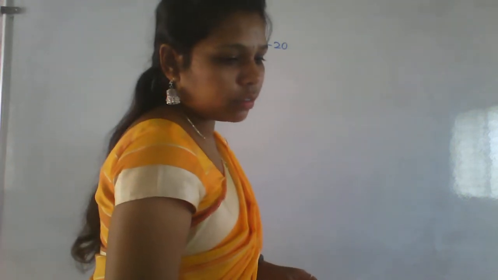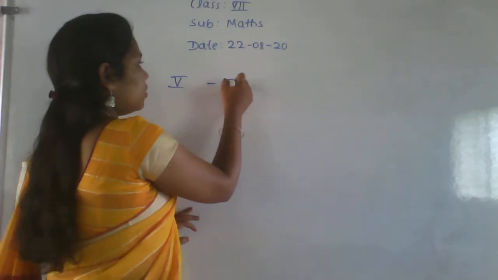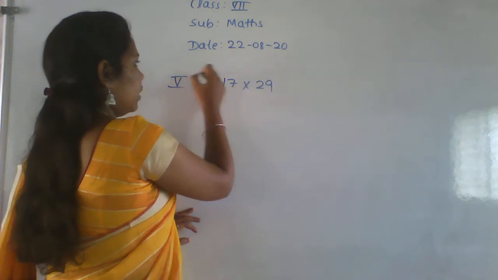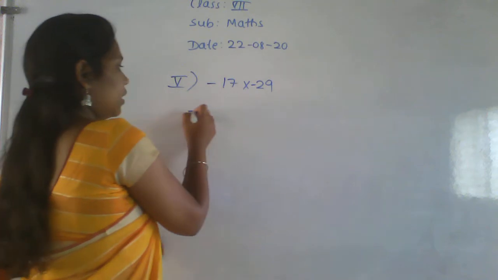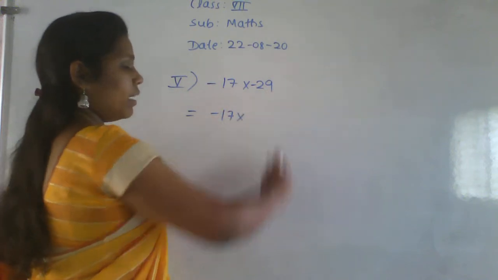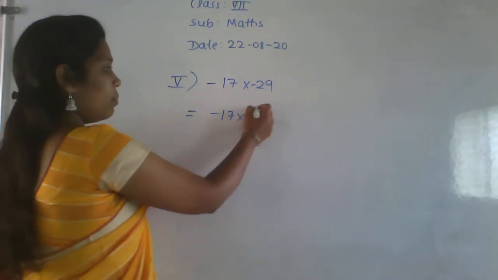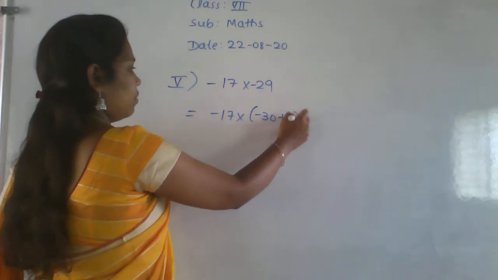So minus 17 into minus 29, where minus 29 can be written as minus 30 plus 1.